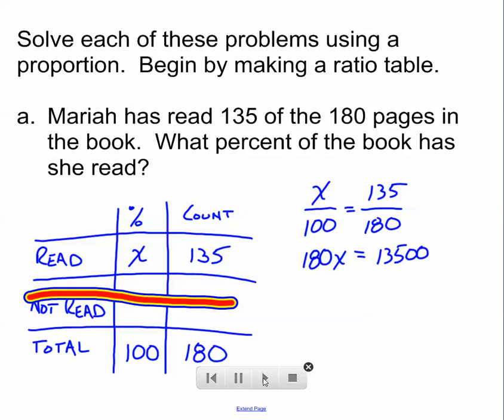And divide both sides by 180. We'll get 75%. That's the percent that she has read. Remember, you need that percent sign. It's not that she's read 75 pages. She's read 135 pages. She's read 75% of the pages.